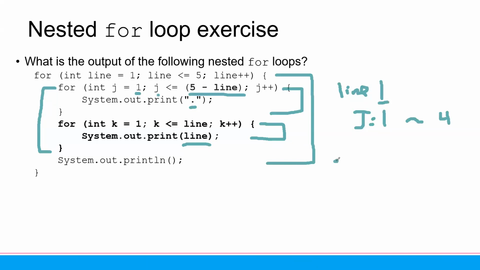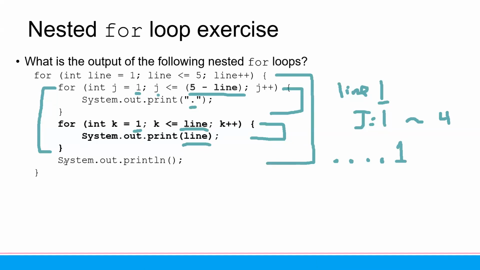So there will be 4 dots. And then we have 1 until line. Then we will print only the number of the line.